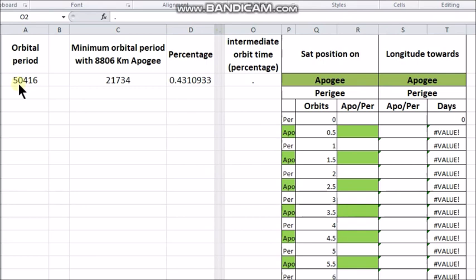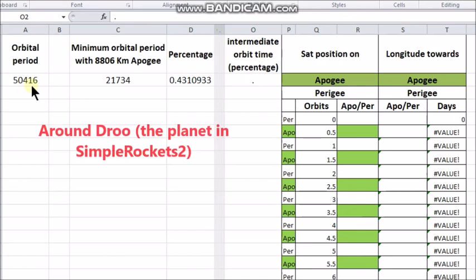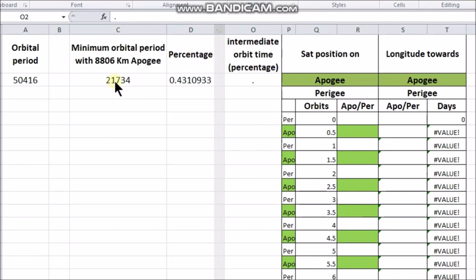First thing, I know that the geostationary satellite should have an orbit period of 50,416 seconds. And this is the minimum orbital period, just straight after launch at the lowest altitude possible. And the percentage was 0.43. So whatever percentage I'm looking for, supposedly the 0.6, should be more than 0.43.